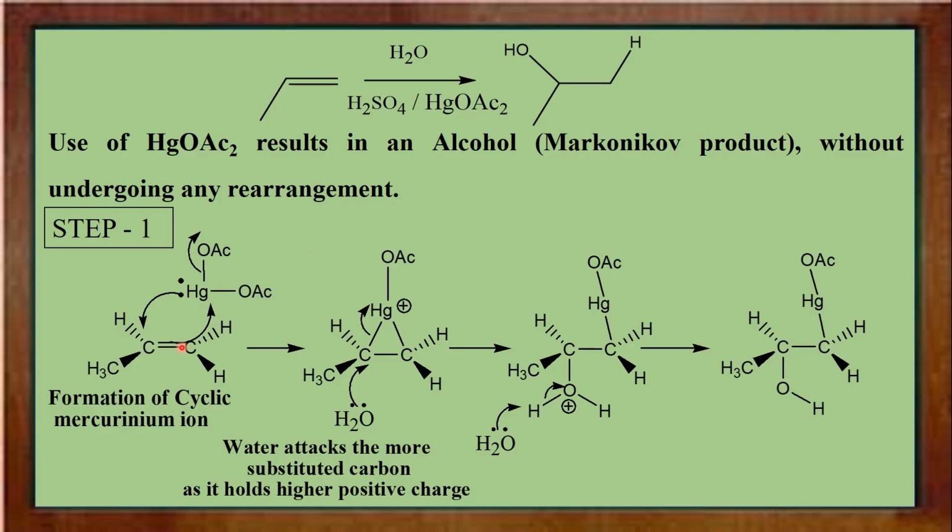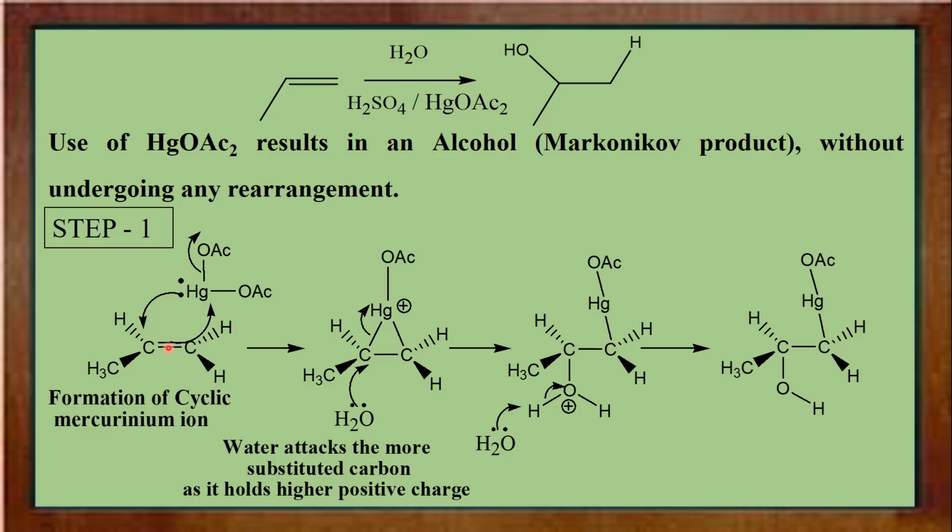It substitutes this acetate, and then simultaneously a pair of electrons present in mercury is making a bond with the carbocation.